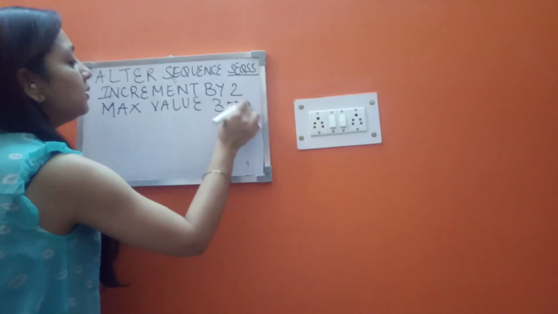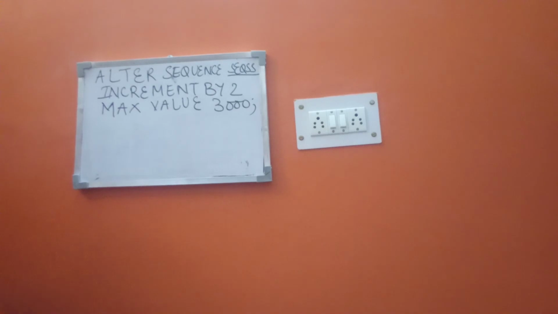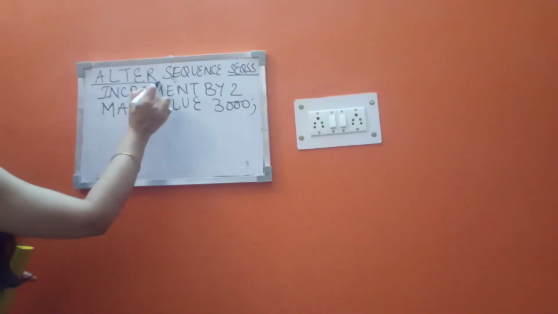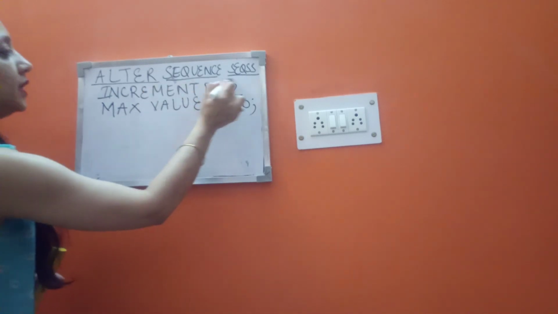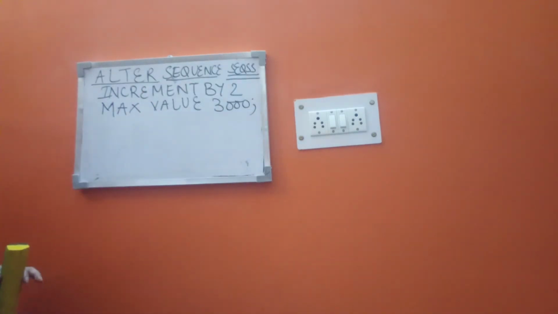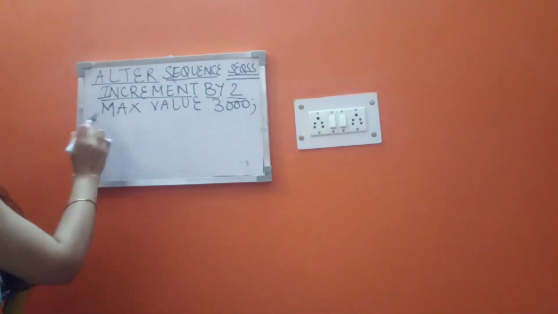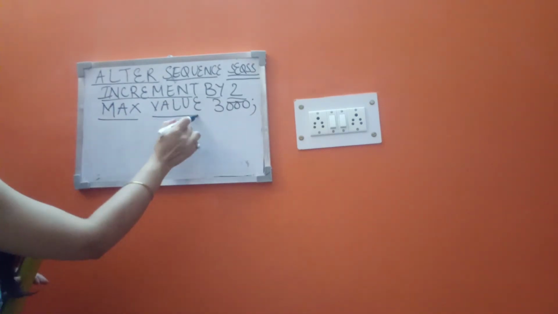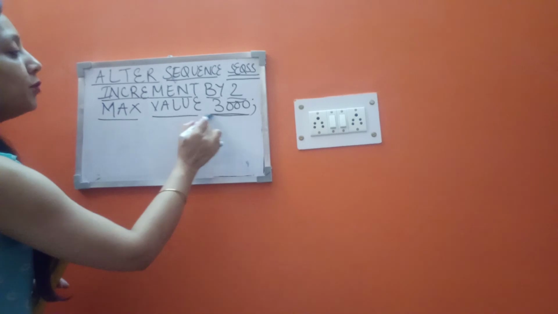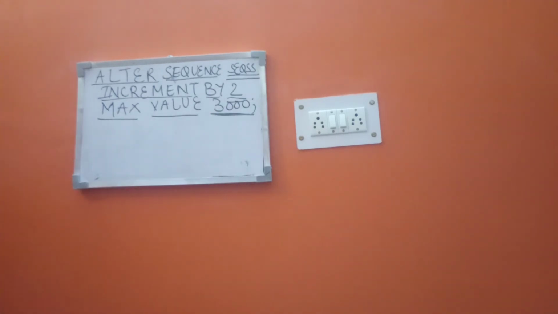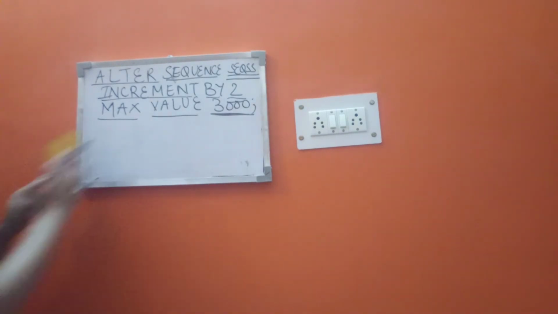That is, up till 3000 I can keep on incrementing by a value of 2. So I say alter. Alter what? Sequence. What is the name of the sequence? SEQSS. What alterations? Now instead of incrementing by 1, increment by 2. And instead of having a maximum value 2000, increment up to a maximum value of 3000. So this is how you alter the sequence.